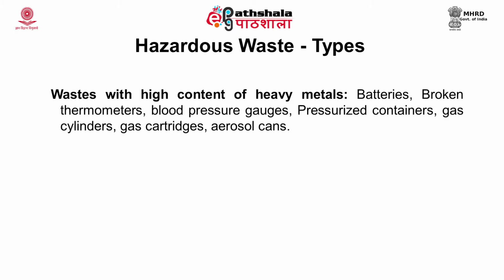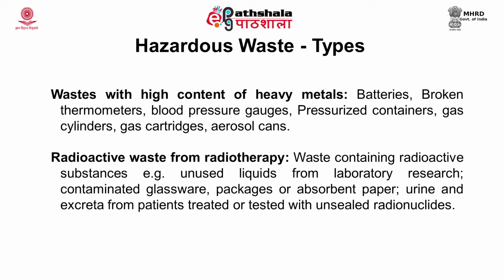Next type of waste are batteries, thermometers, blood pressure gauges, pressurized containers, gas cylinders, gas cartridges and aerosol cans. These are categorized under waste which contains a high content of heavy metals. The last type of waste is radioactive waste.